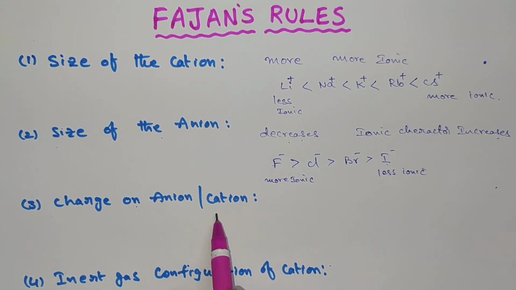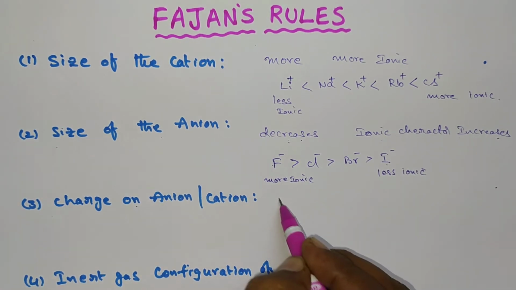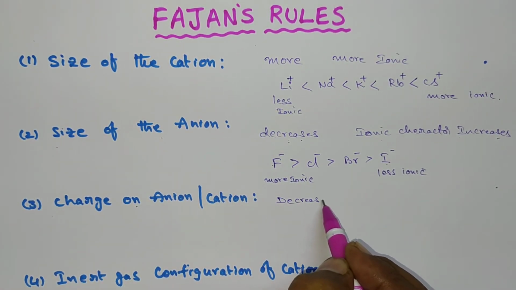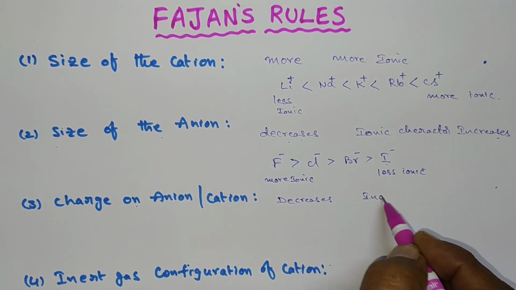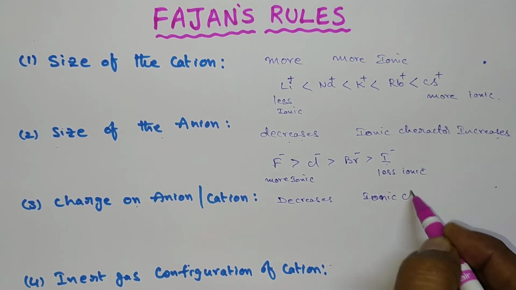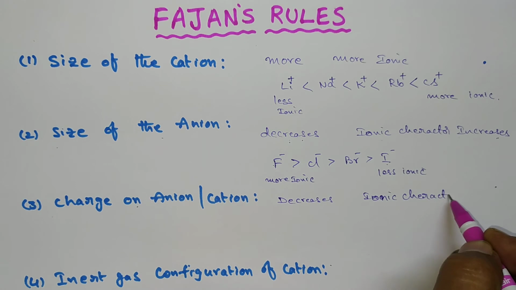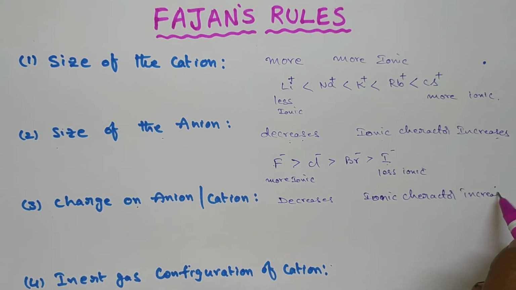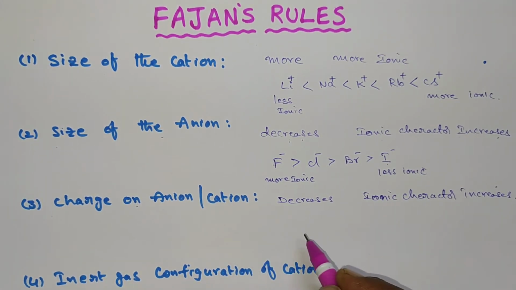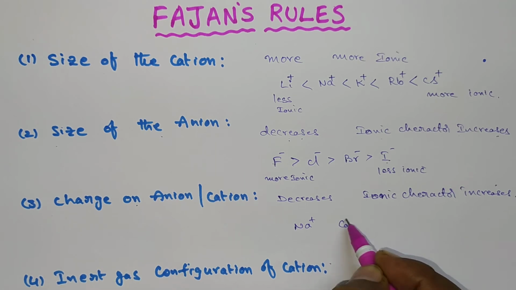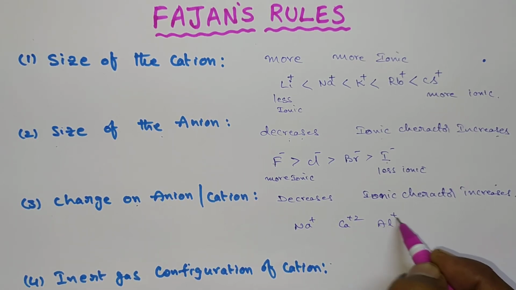Next, the charge on anion or cation. As the charge on anion or cation decreases, the ionic character increases. Suppose you consider the charge on ions: Na plus ion, Ca plus 2 ion and Al plus 3 ion.